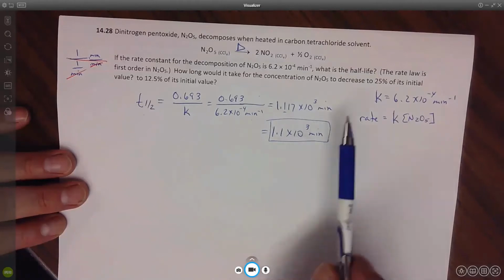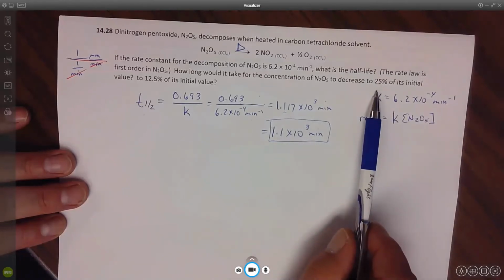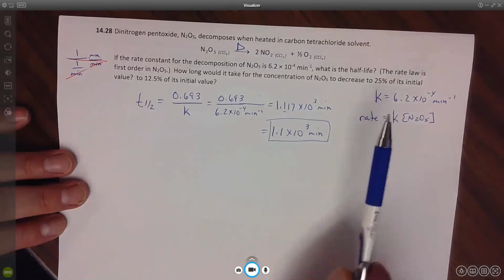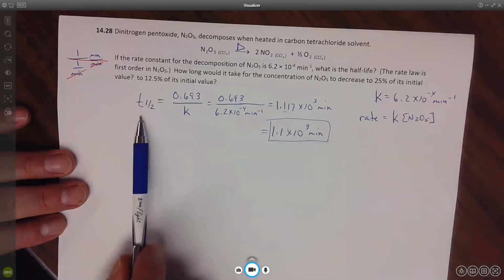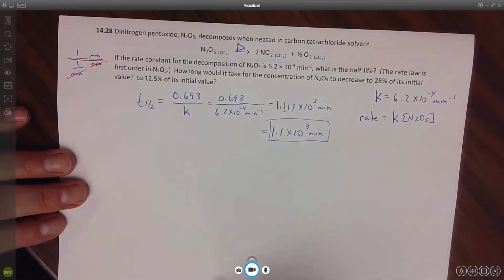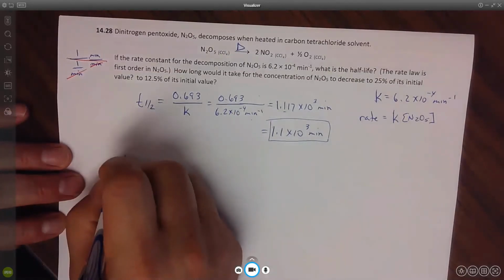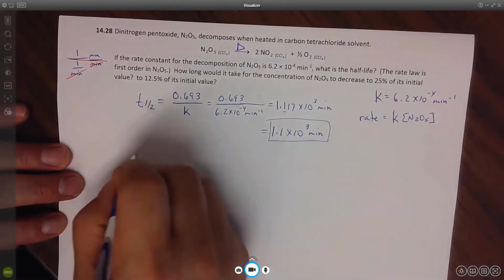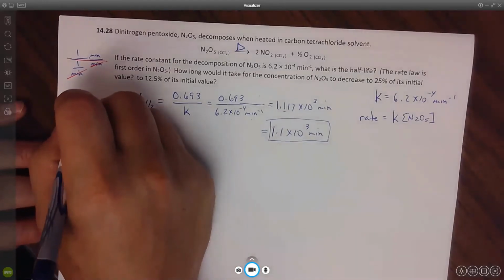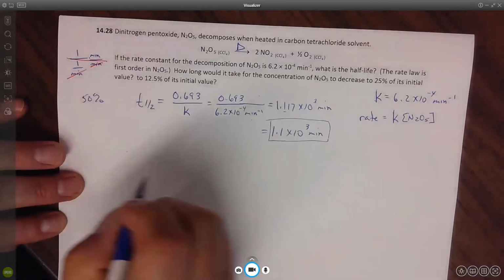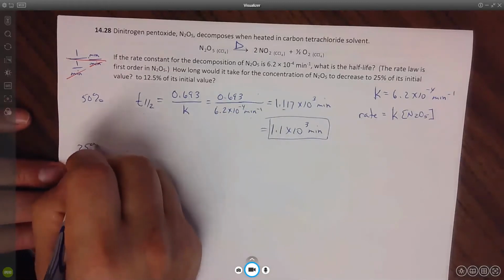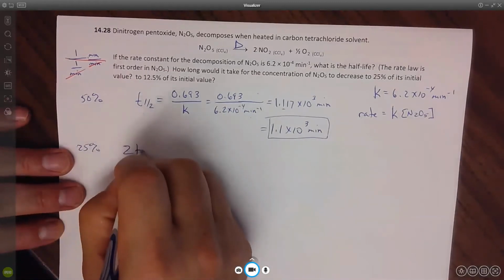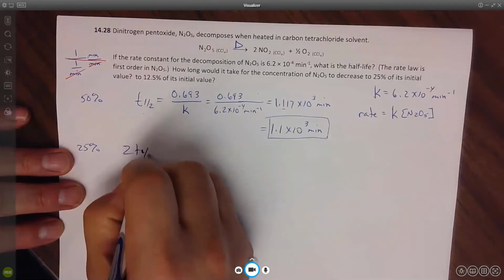So if I want to get 25%, then what? You would need half of the 50%. Right, or 2 half-lives. Yep. So to get the 50%, this was our 50%. To get to our 25%, I just need 2 of my half-lives.